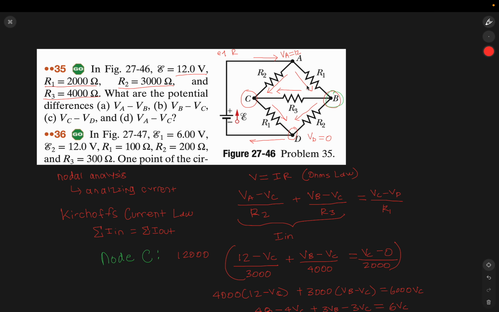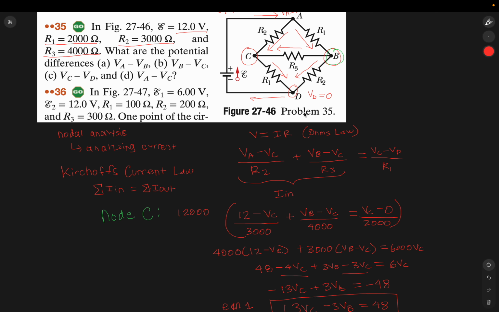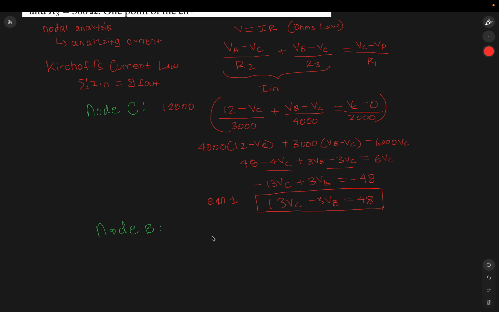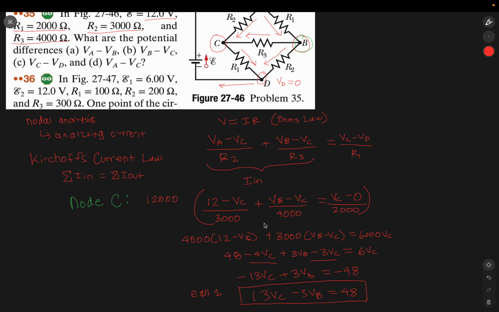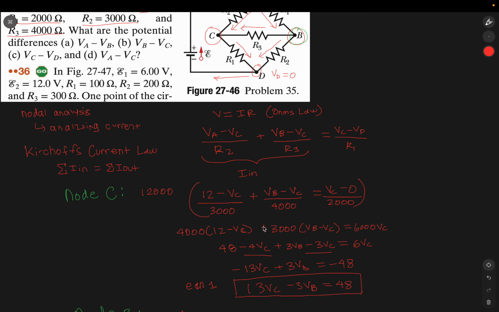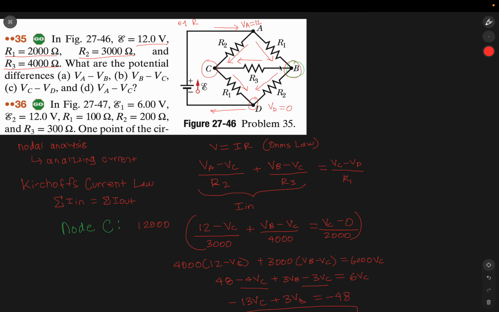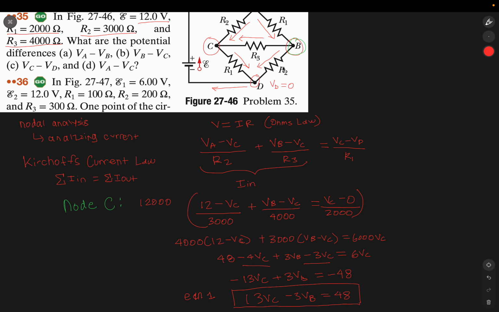So node B, we only have one flow of current to node B and two flows of current out of node B. So our flow in is going to be VA minus VB over 2000, and that's our current in, and that's going to be equal to our current through resistor 3 and our current through resistor 2.